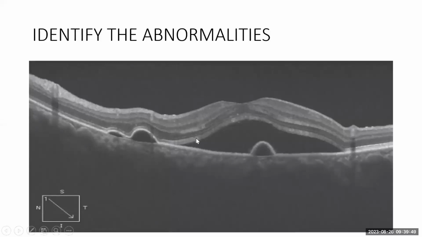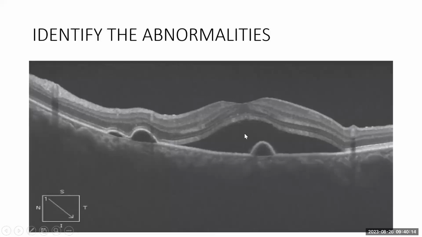Okay, now here, the neurosensory retina is detached from the RPE, okay? Here, the RPE is detached from the choriocapillaris. This is the RPE line, okay? This is the RPE line. So this is what we call a PED.